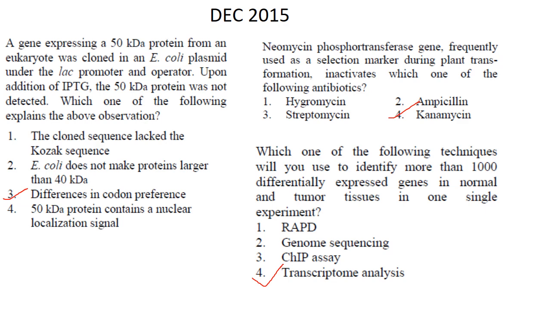So the functional protein will not be formed. This is called codon bias or differences in codon preference. So answer here is option 3.